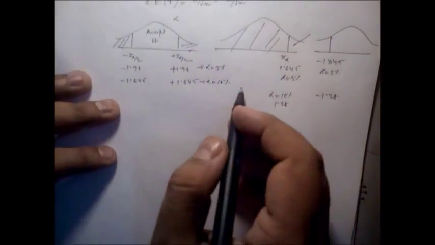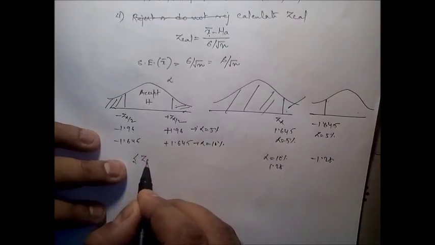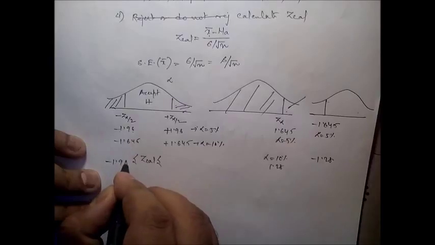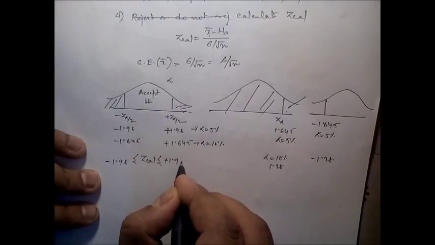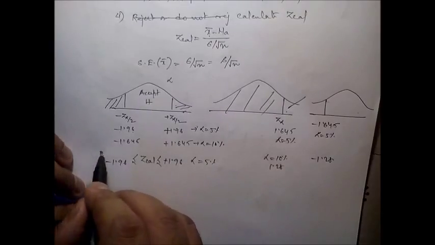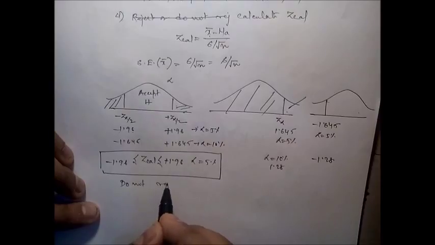Now, if it is a two-tailed test and the z calculation value is between minus 1.96 to plus 1.96, with alpha equal to 5%, then do not reject H0.